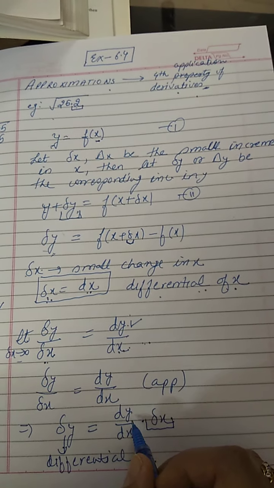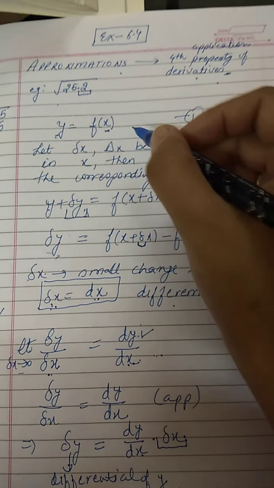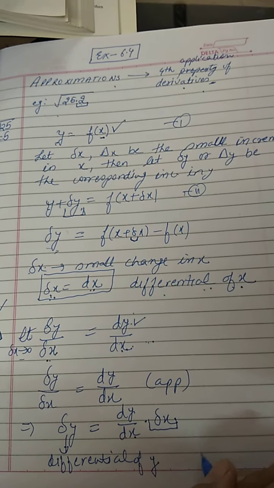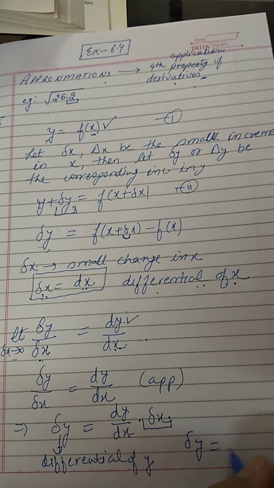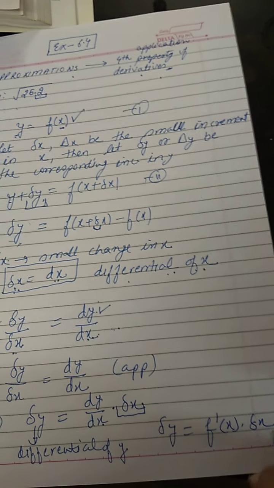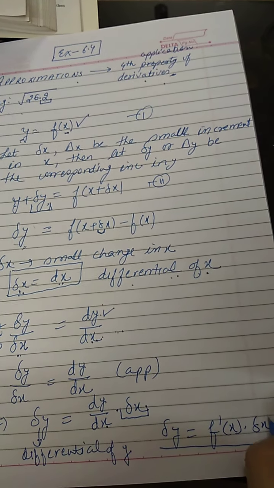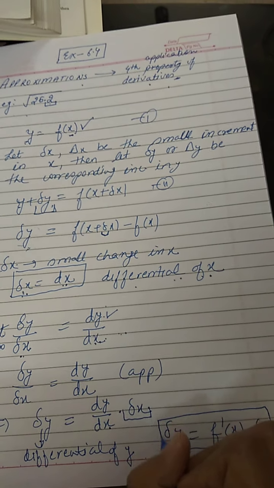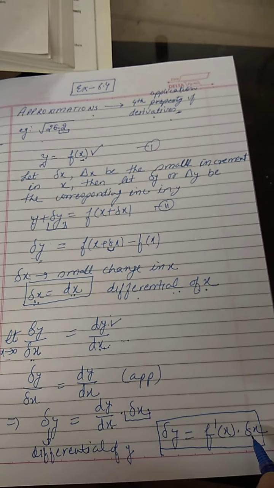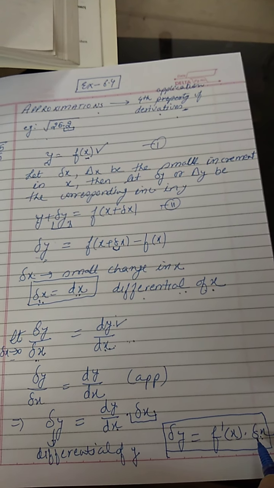So this dy by dx, what was the y we have taken? Y is actually f(x). So we can say that del y will be equal to f dash x into del x. So this is the change in the dependent variable y corresponding to the change in independent variable x.